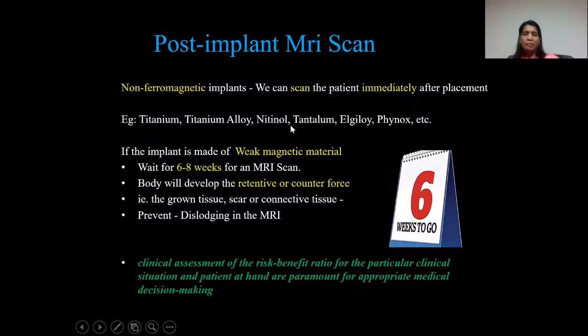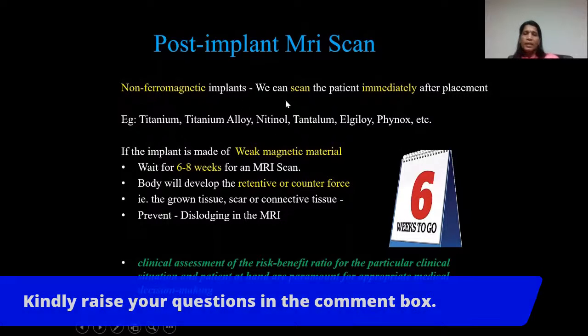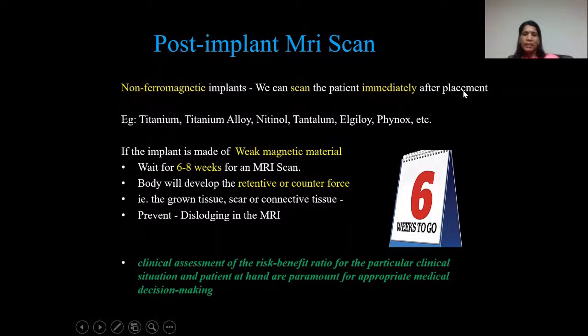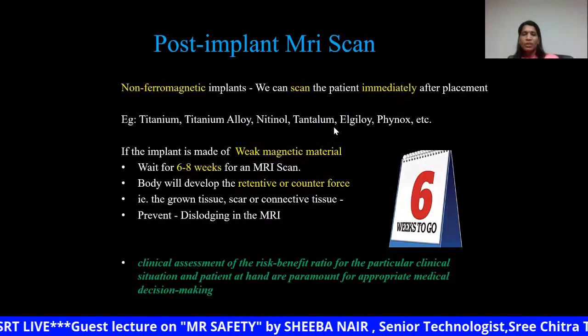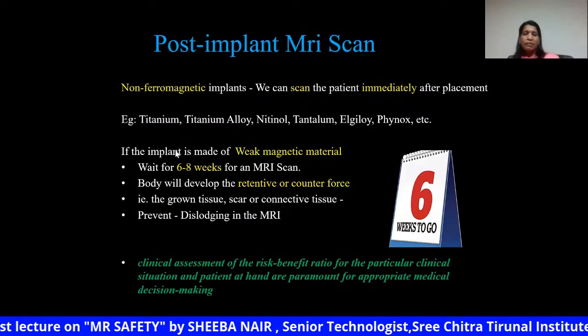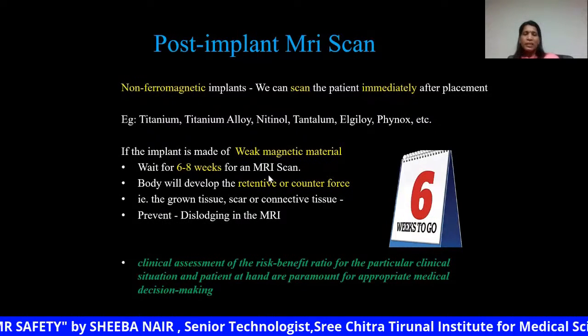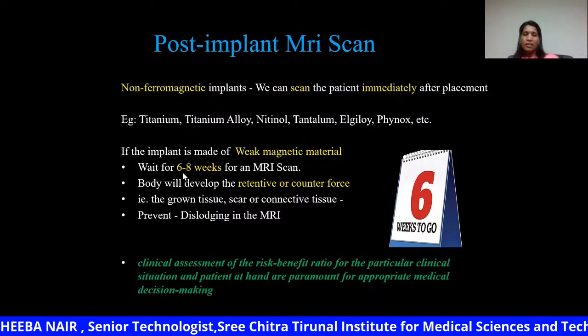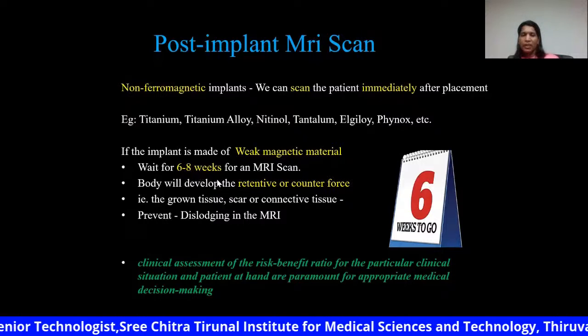Now the post-implant scan, when we can do MRI after an implant is placed in the patient's body. If it is non-ferromagnetic, we can scan the patient immediately. That is with materials made of titanium alloy, nitinol, or tantalum. But if it is a weakly ferromagnetic material, it is recommended to wait for 6 to 8 weeks.